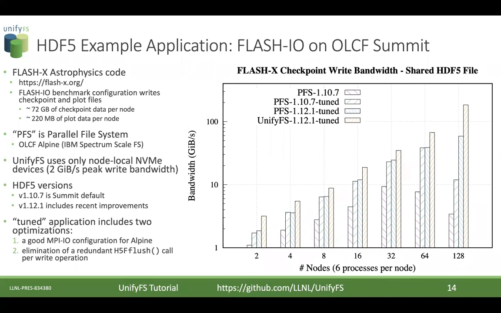And it writes roughly 72 gigabytes of checkpoint data per node and 220 megabytes of plot data. And here, again, we're comparing UnifyFS against a parallel file system with different versions of HDF5 and with an original application and a tuned application.